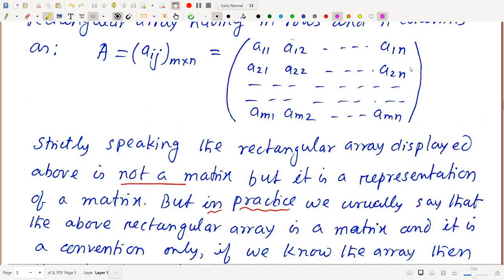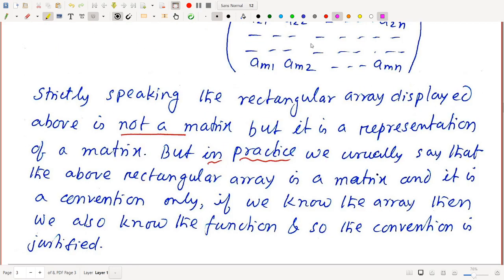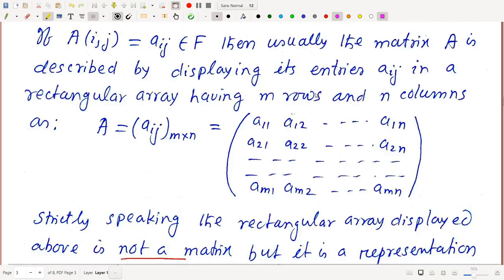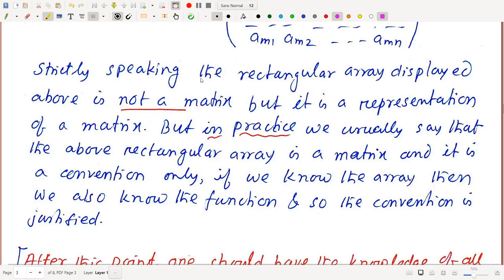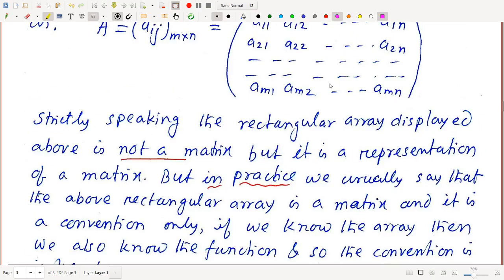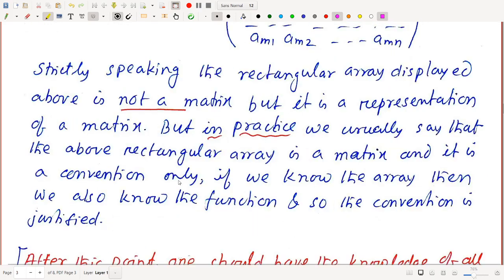So this is the representation of matrix A, listing all its entries. Strictly speaking, the rectangular array displayed above is not a matrix, but a representation of a matrix. The function is the matrix, but in practice we usually say that the above rectangular array is a matrix, and it is a convention only.